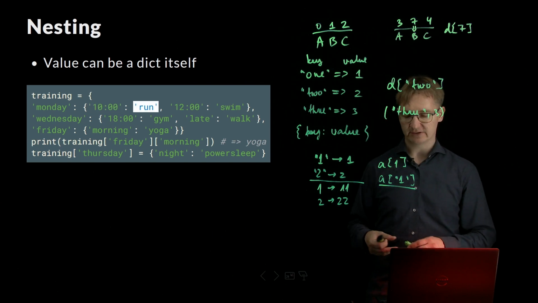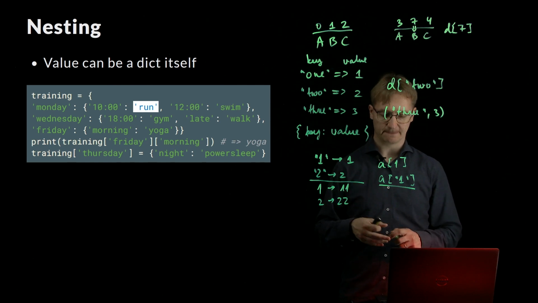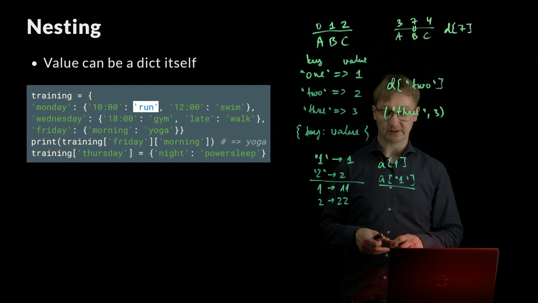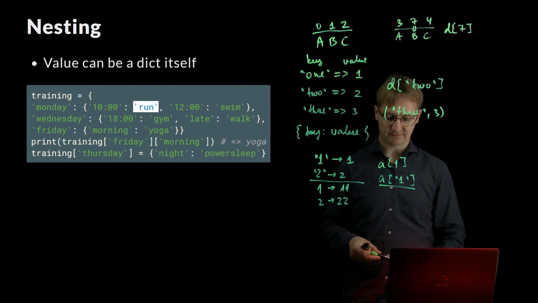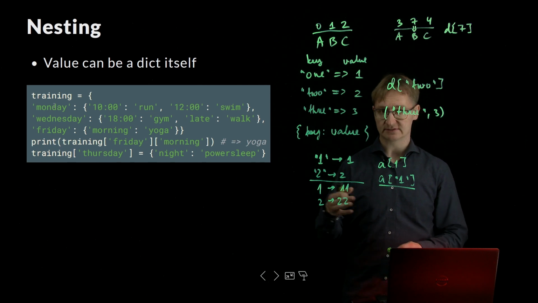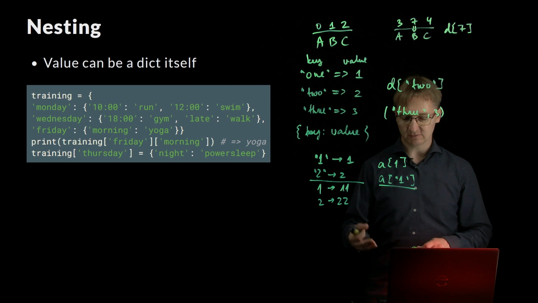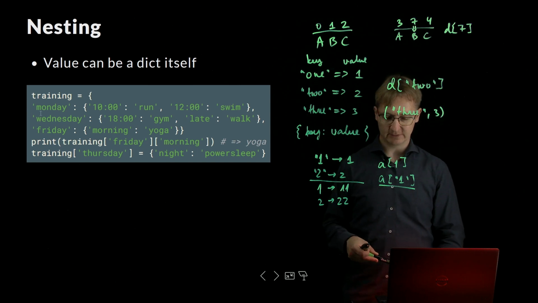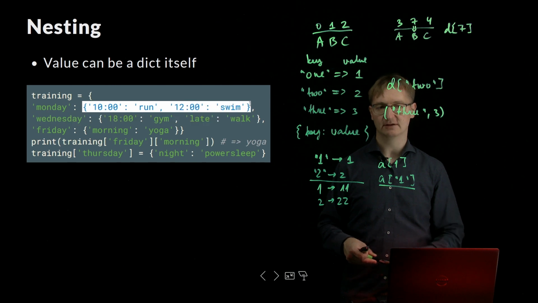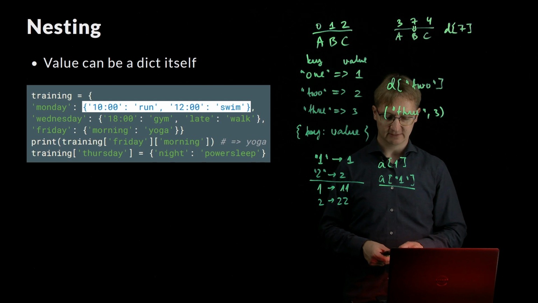If you use a dictionary, you have to make sure that you will not have duplicate keys. So for example, if I have a training, I cannot have 2 Mondays there. But to solve this problem, here I have 1 Monday, but under the Monday I have a special dictionary where I have all the activities of one day.